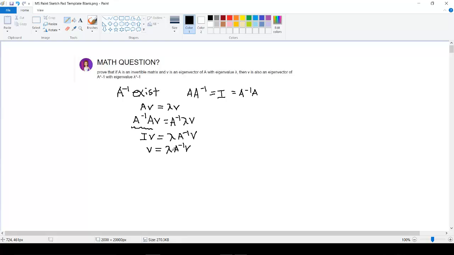Now, again, lambda is just a number. So even though you can't do division with matrices or vectors, it's okay to divide by a number.